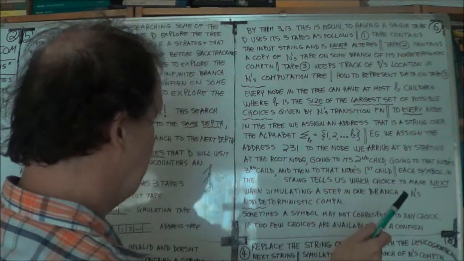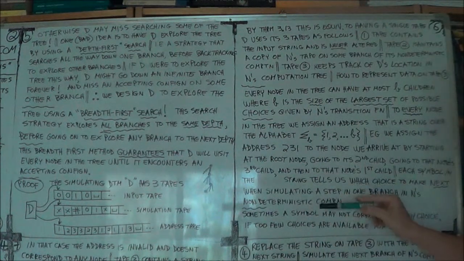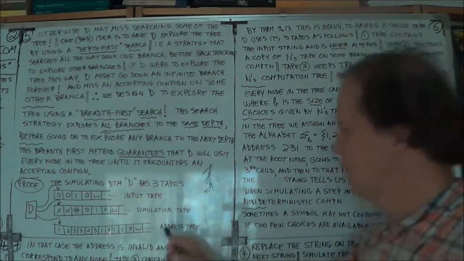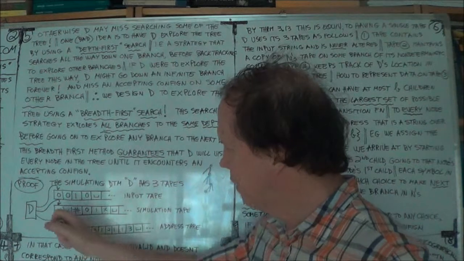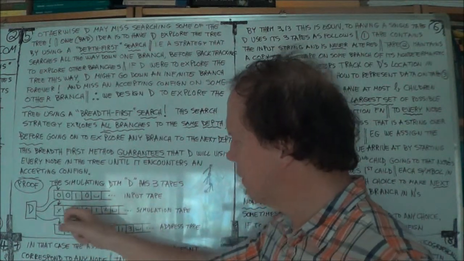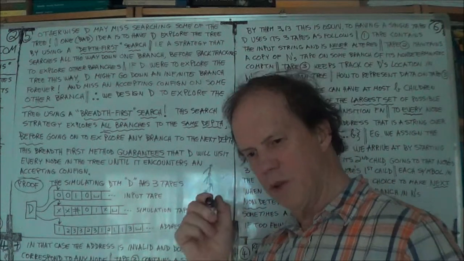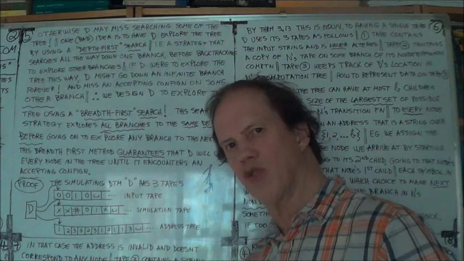All right. Now, before I get onto the even lower level details, this address, what's going on? Remember, this is the contents of the tape at a particular node going down a particular path, a particular branch in the tree.